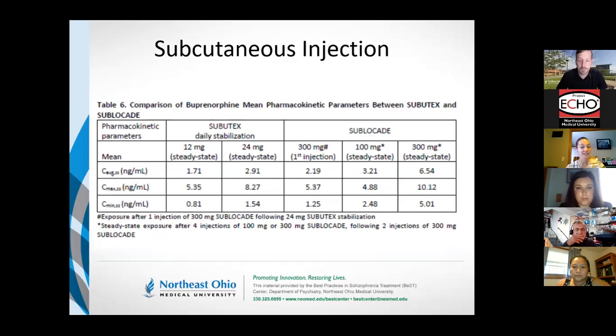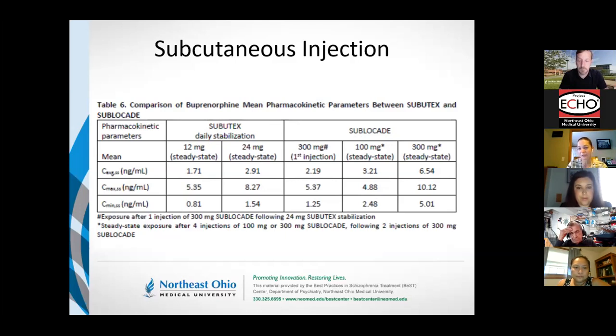And what you'll see is with all of those injections, they're achieving concentrations that are the same, if not a little bit higher than what patients would achieve with the 12 milligrams of buprenorphine daily. So they would be able to maintain a patient who may need some of those higher transmucosal doses and be able to have those same concentrations for them throughout the month.